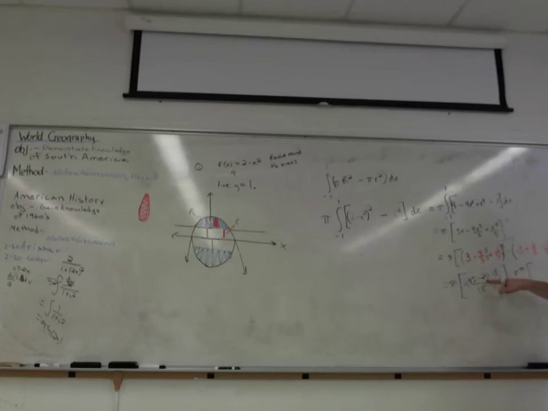So 45 minus 20 is 25, minus 3 is 22, times 2 is 44. That's more volume than we got last time, isn't it? Plus 3, not minus 3. So you get 56. I combine them and get 45 minus 20.